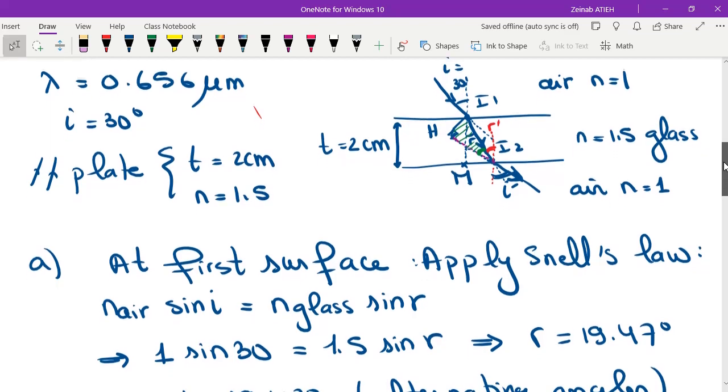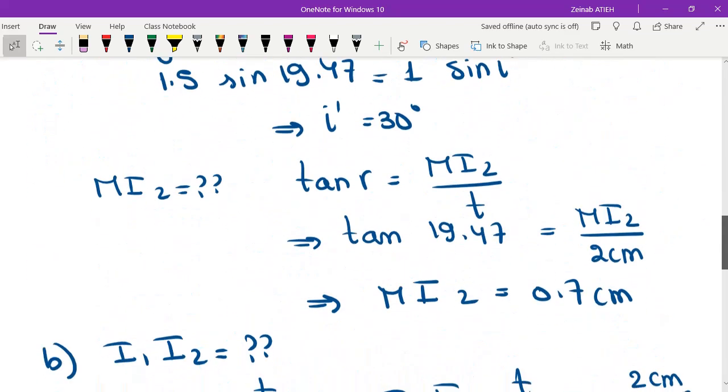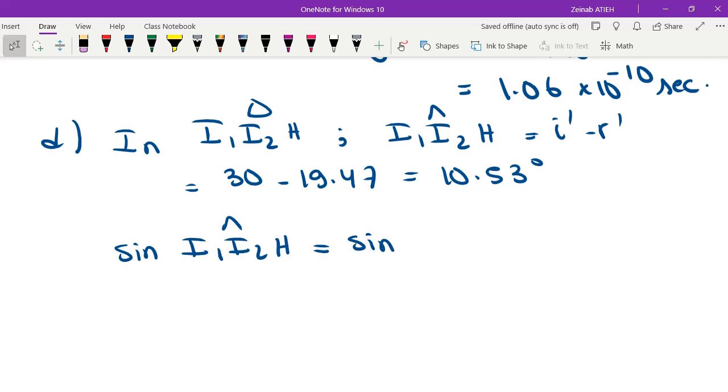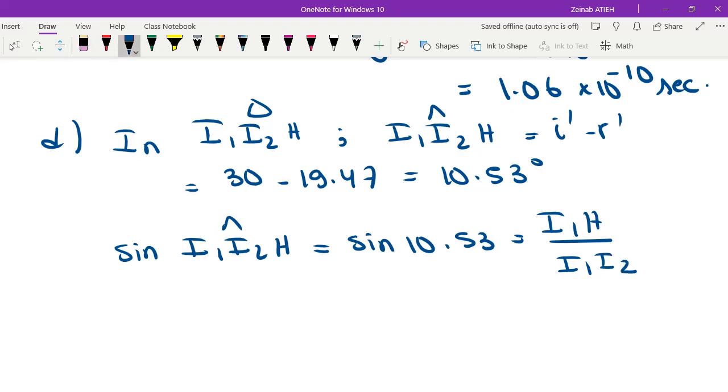So I1H, the lateral displacement, equals 2.12 times sine 10.53.